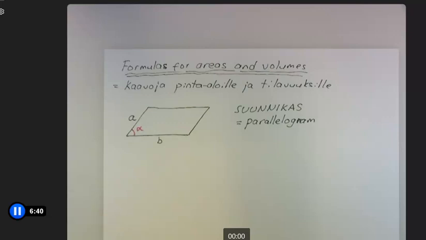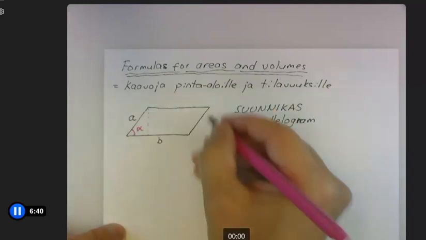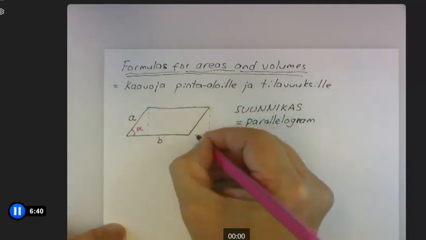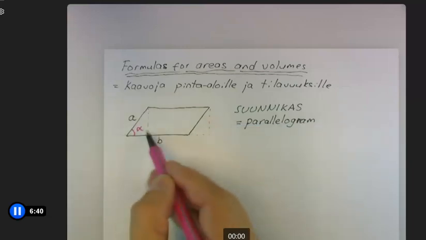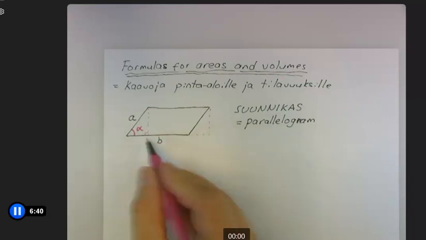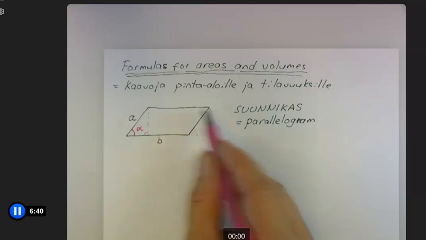We may change this to rectangle by dividing this in two triangles. If we cut this triangle away and put it on the right hand side of the figure, we get the rectangle.